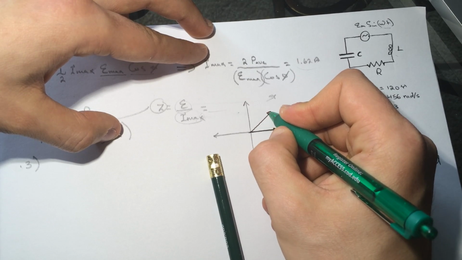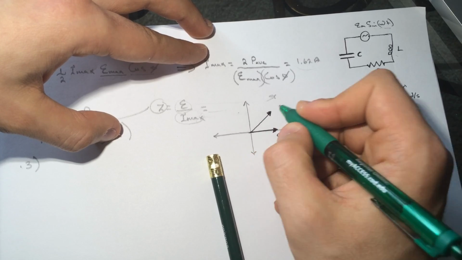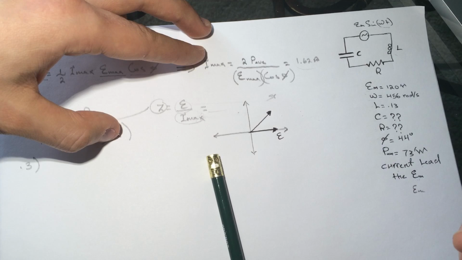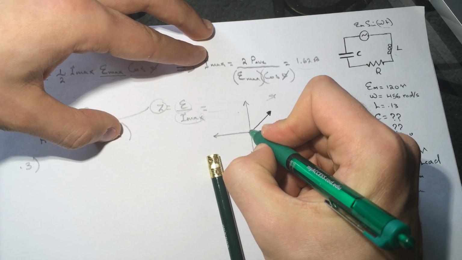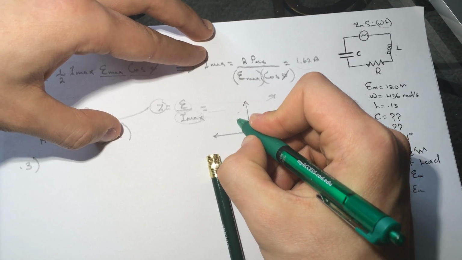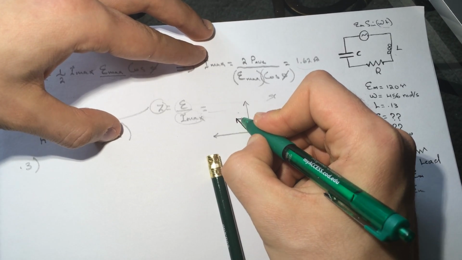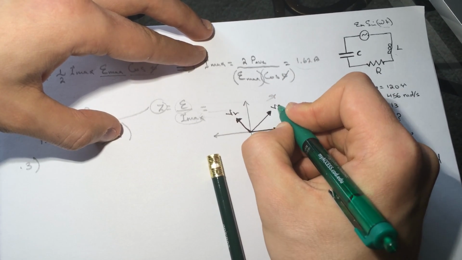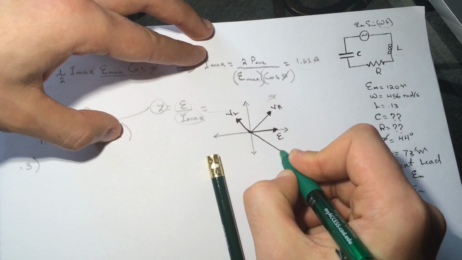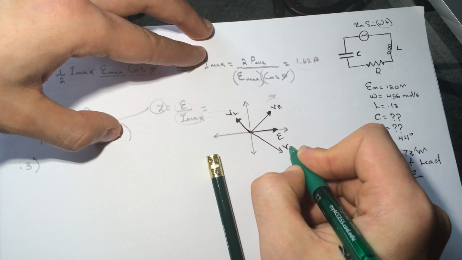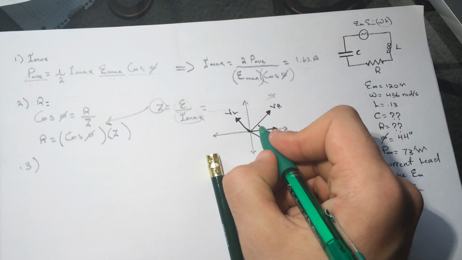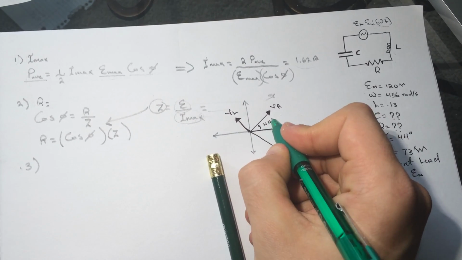Oh, this should be shorter than this, but anyway. This is the VR, VL. This one is the VR, and here's the VC. Okay, so this is the 44-degree angle.